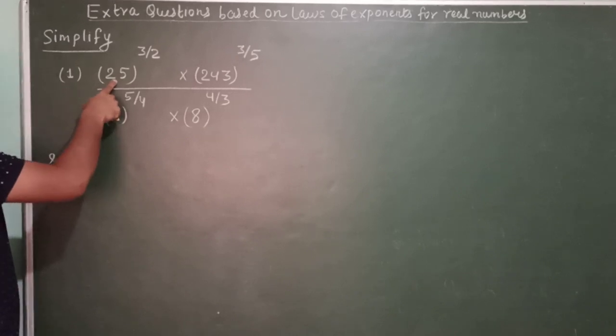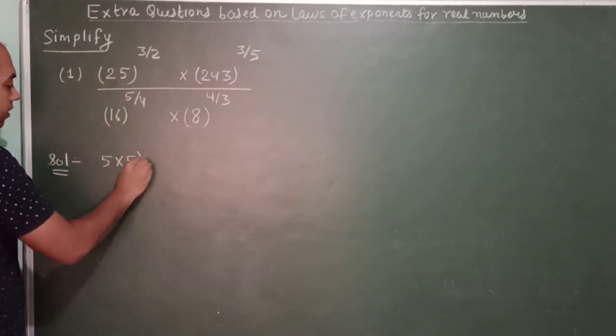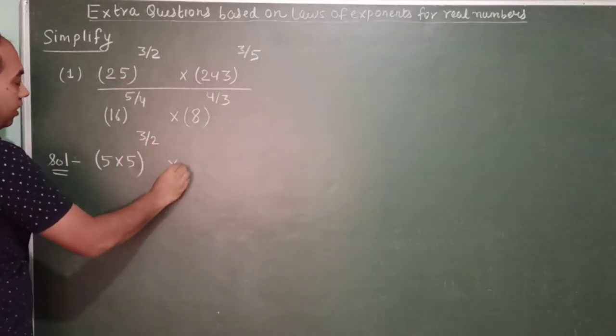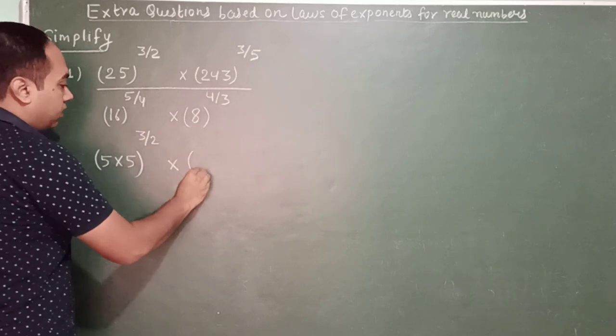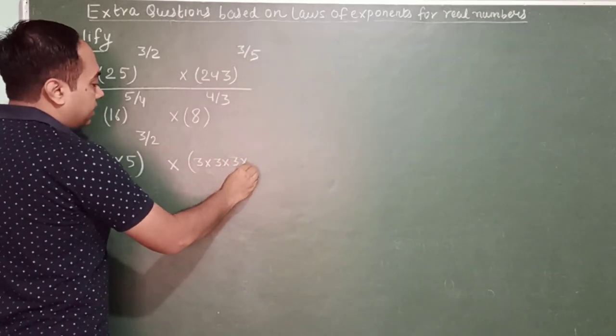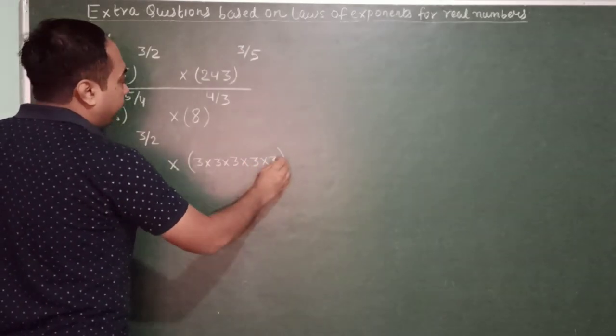First I will write prime factors of 25, 5 into 5 whole power 3 upon 2. Now 243, 3 3s are 9, 9 3s are 27, 27 3s are 81, 81 3s are 243.